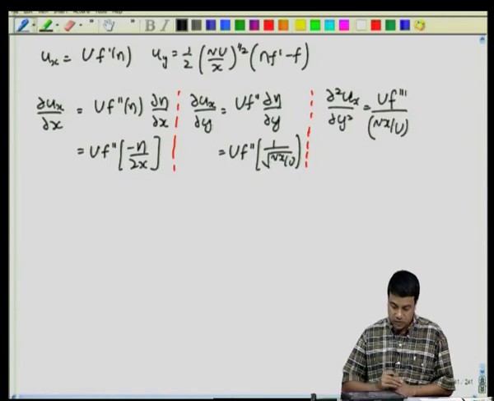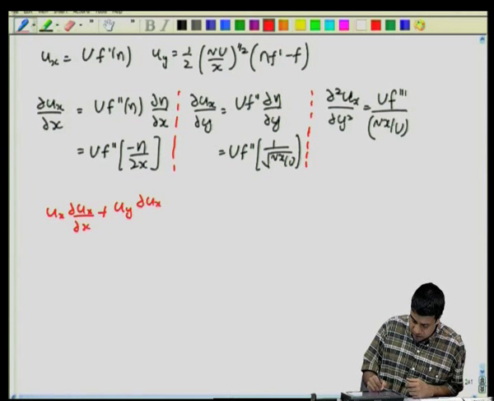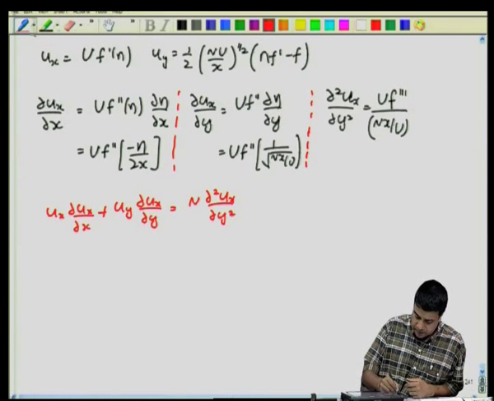Now, I put this into my conservation equation, u x partial u x by partial x plus u y partial u x by partial y equals nu times partial square u x by partial y square.